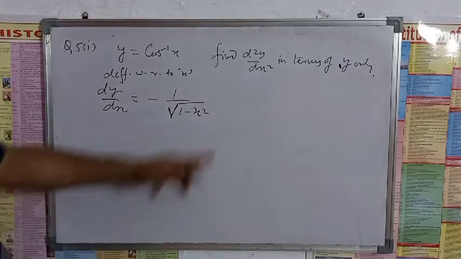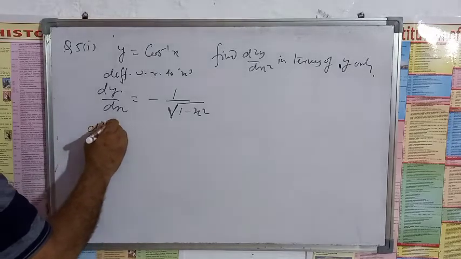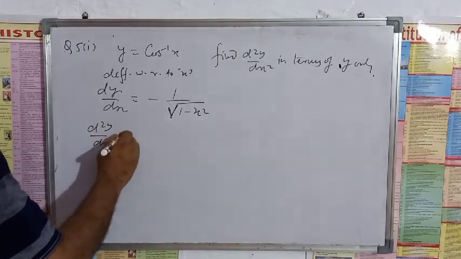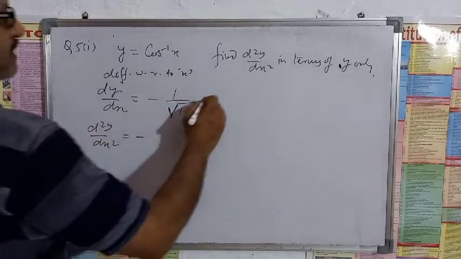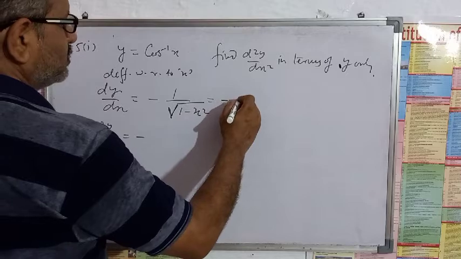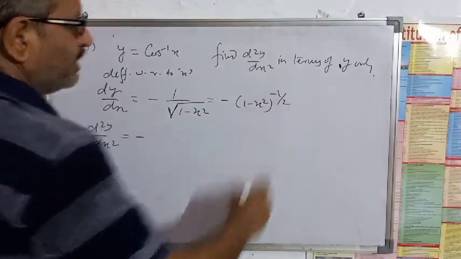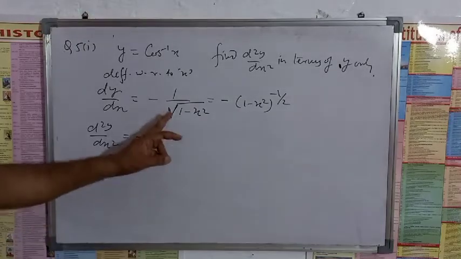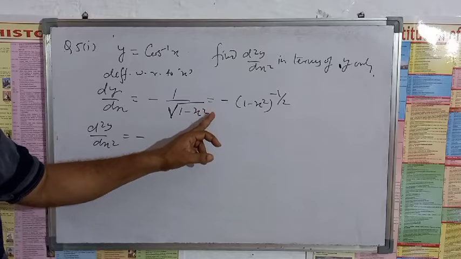We have to find second order derivative d2y by dx square. So again differentiate. We can write it minus 1 minus x square to the power minus 1 by 2. Root 1 minus x square can be written 1 minus x square to the power 1 by 2.